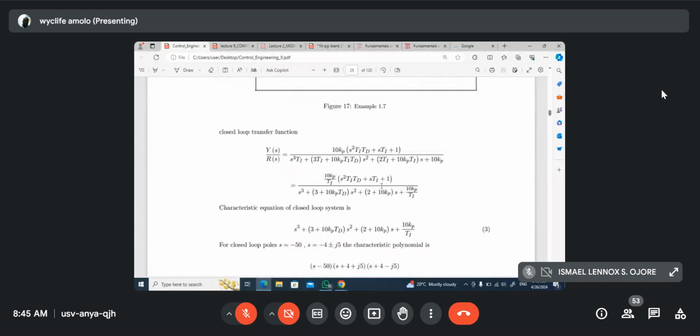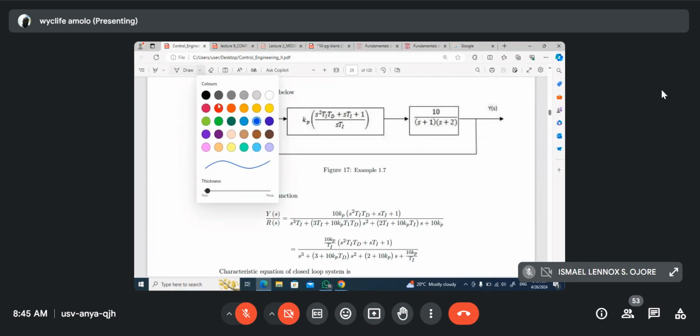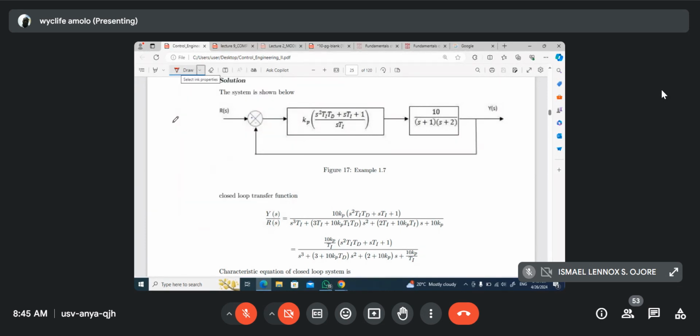Now, with the negative feedback, you know very well, with the unity feedback, you will have to get something like this. This one is something you know very well at this level. I don't even need to teach you this. We are very much advanced.